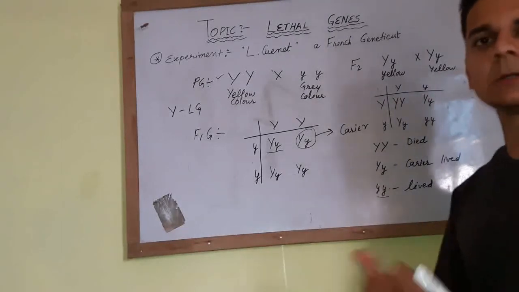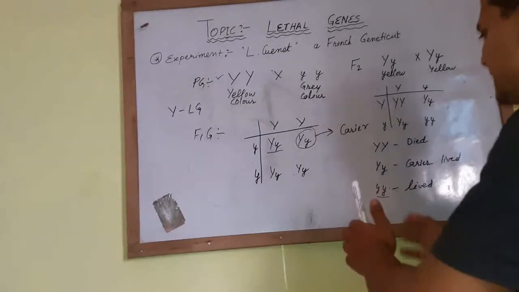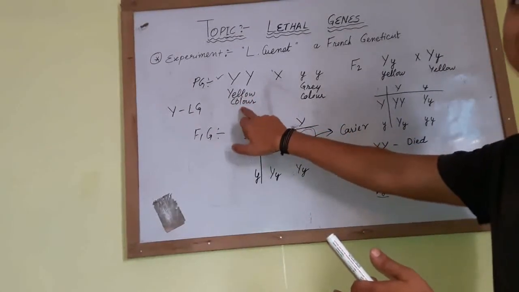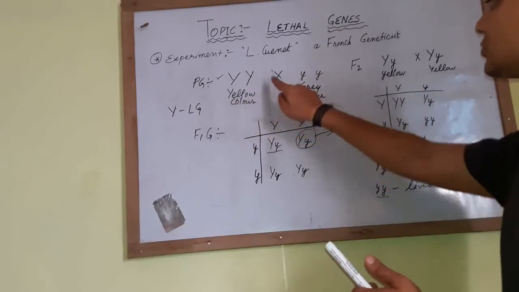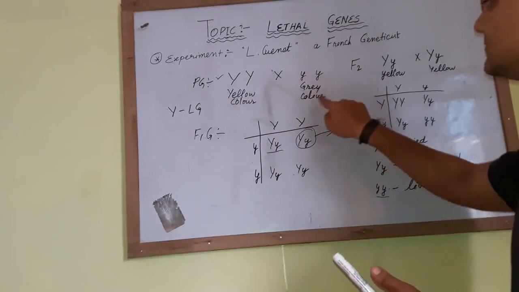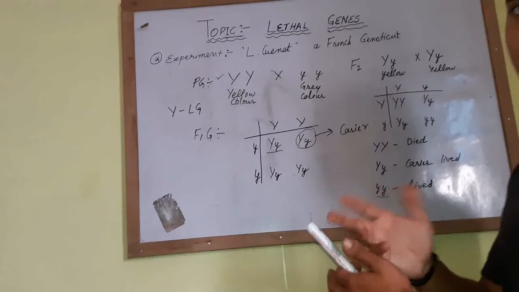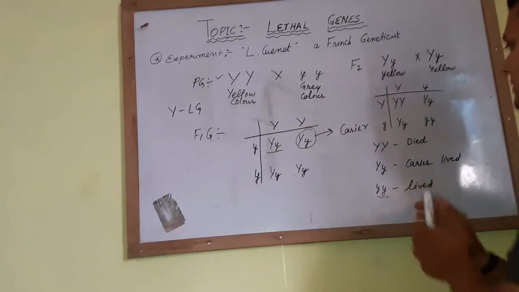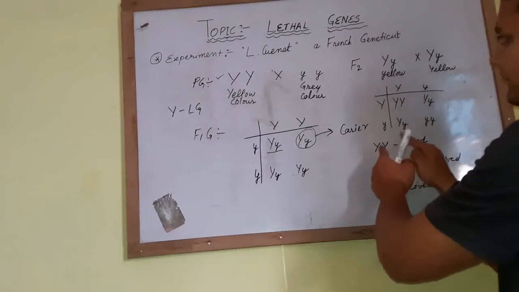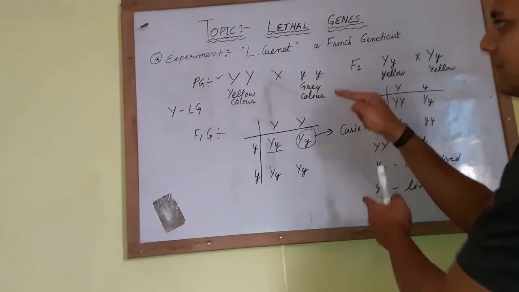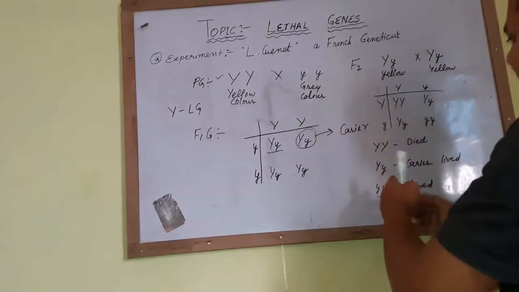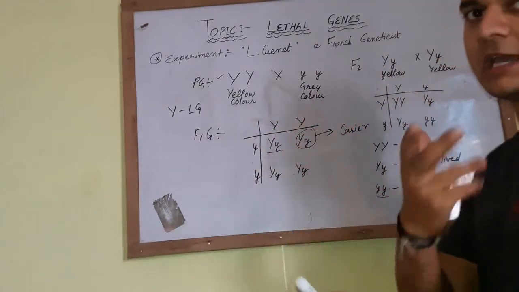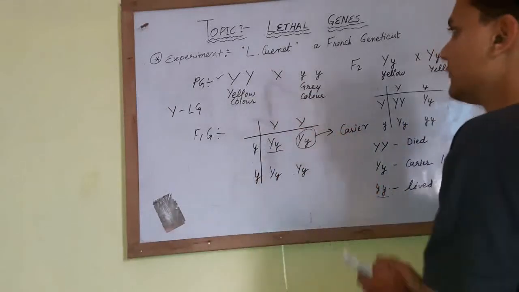So scientists concluded that when an organism with a mutated lethal gene is crossed with another organism that is natural or normal, then in the F2 generation the pure case of the lethal gene may be dominant, or it may be recessive. I will tell that when I discuss the kinds of lethal genes.